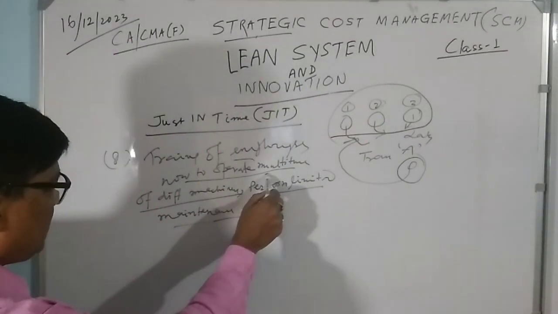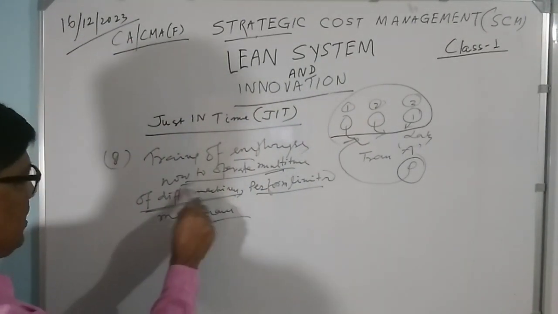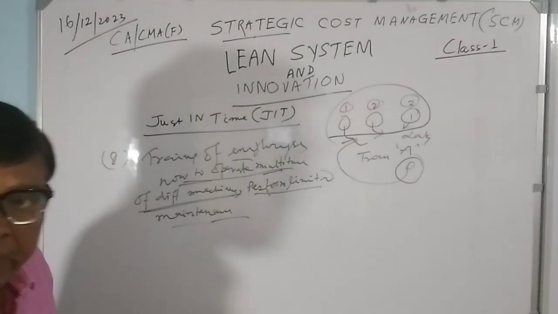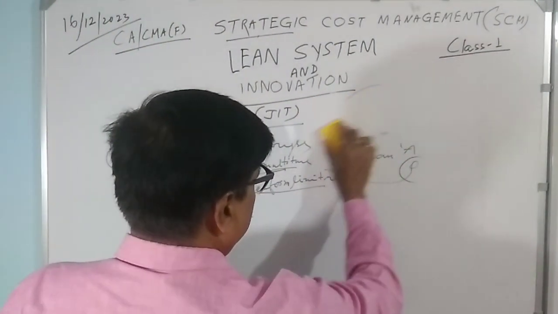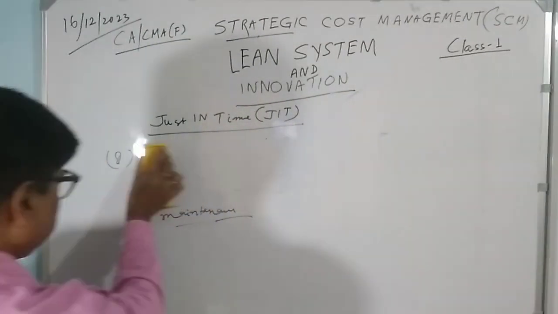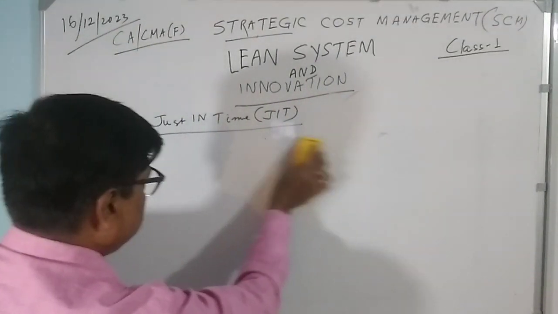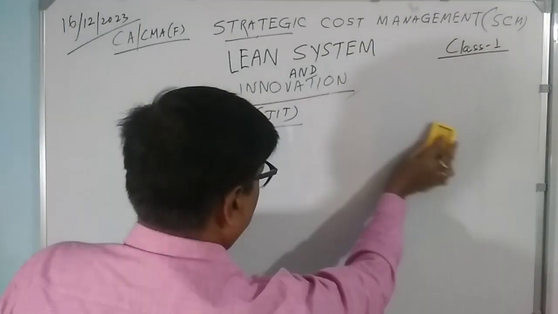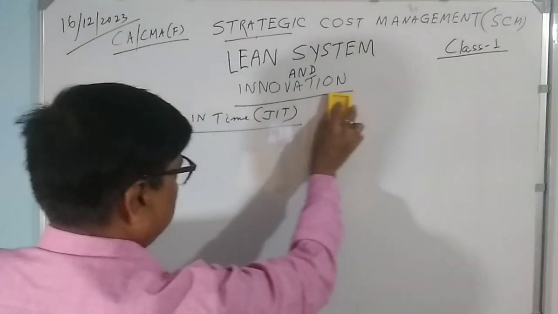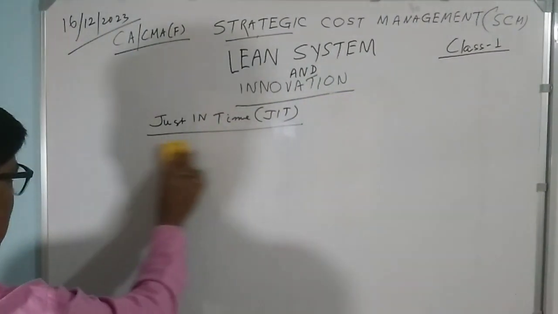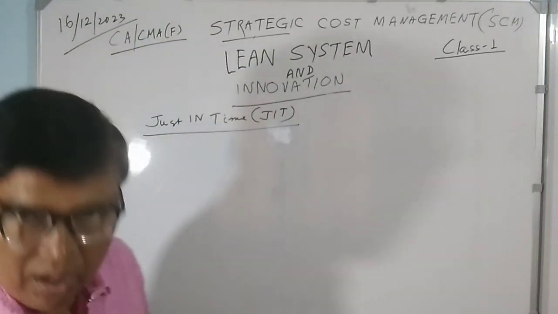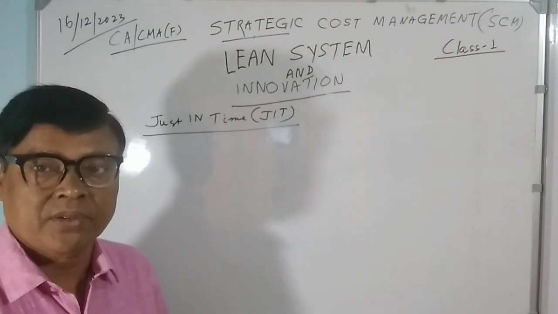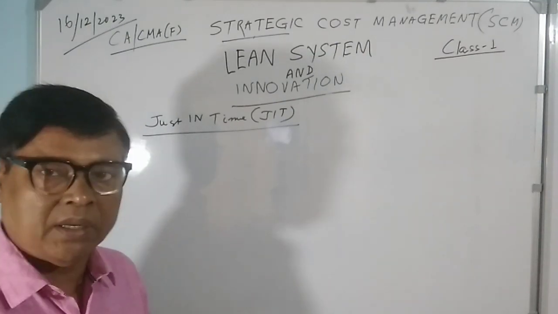With a multitude of different machines, you have to train your manpower in such a way that they can handle different types of machines. So this is the just-in-time concept of our lean system, that is the basic concept. Now you remember that this is to control your wastages, or minimization of wastage.